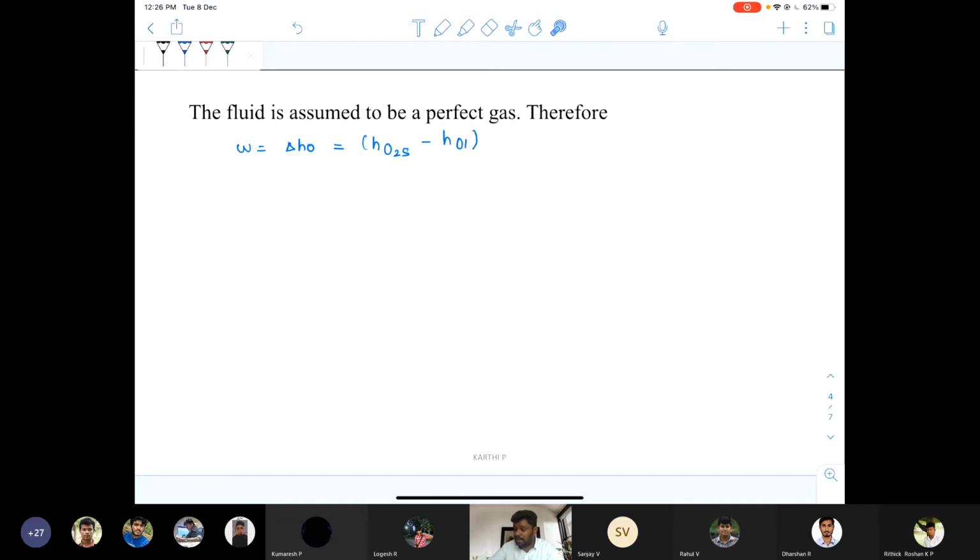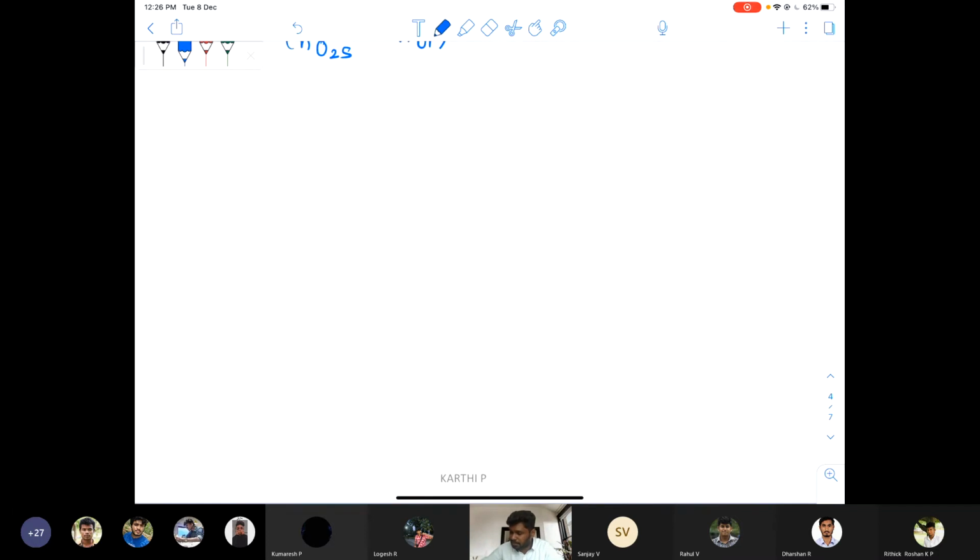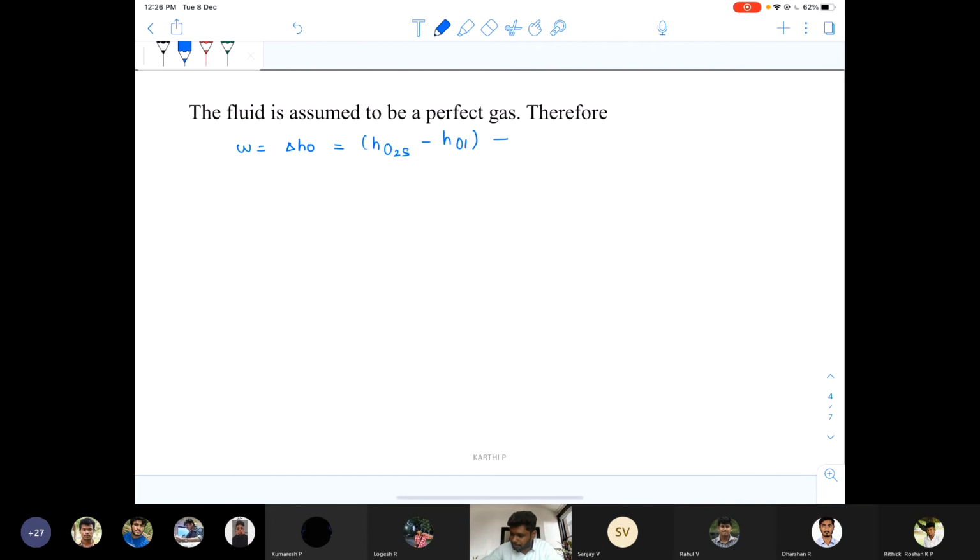This equation is taken from the total to total efficiency for the compressor, fans and blowers, which we have discussed in our first unit itself.